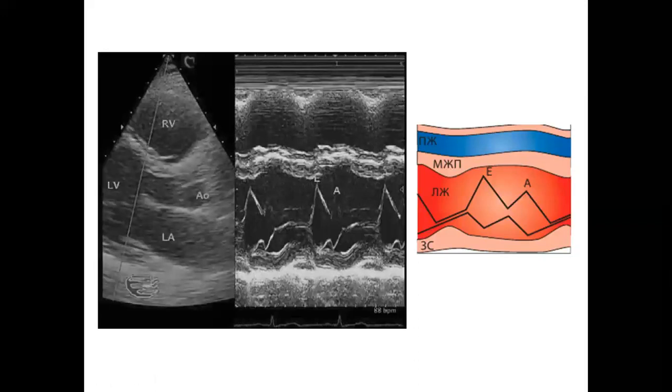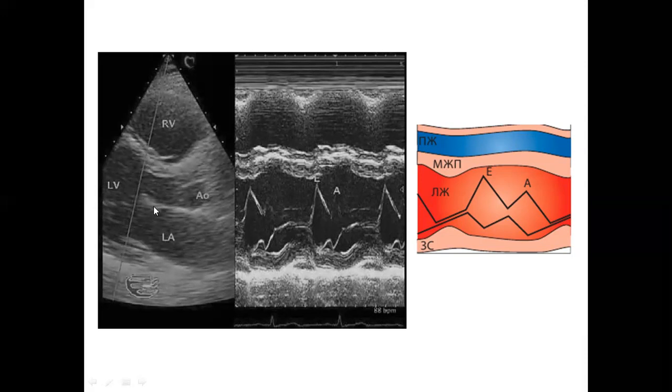And here is how it is going to look on the actual B mode and M mode. So here is how we took this image. This is only one thin layer of the whole heart in the projection of the mitral valve.